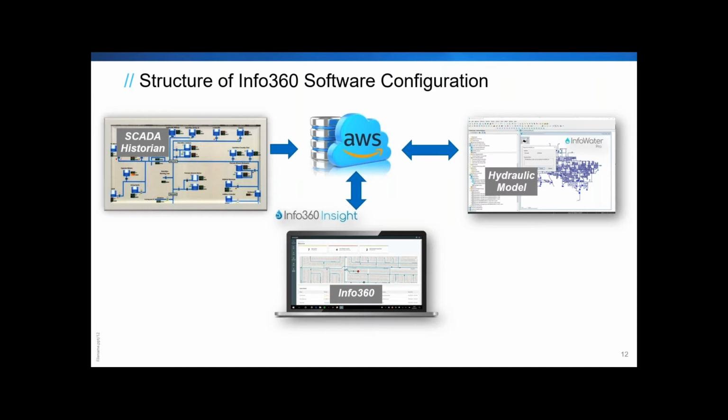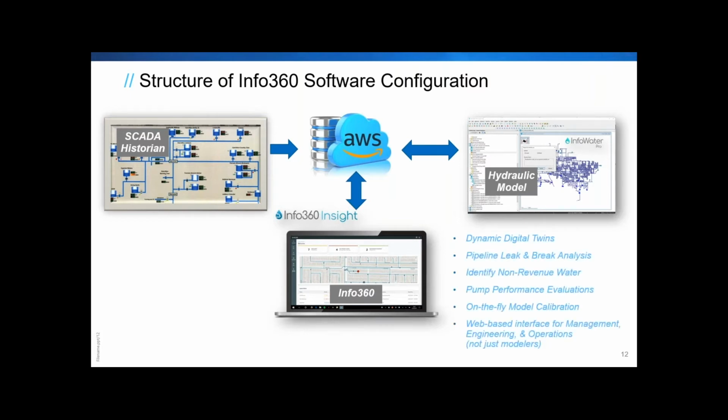You've opened up what we do as modeling and master planners here. And the idea is connecting in the hydraulic model, but a big part of this is having Info360 there. You're accessing it through a web interface. Anybody can go in and start accessing this information. So you can look at a whole bunch of different things utilizing this software connected to the model and connected to the historian data.